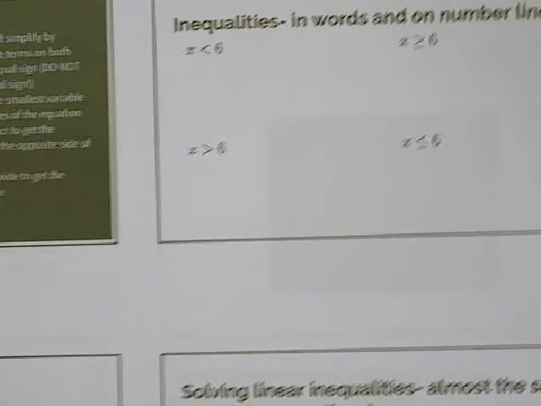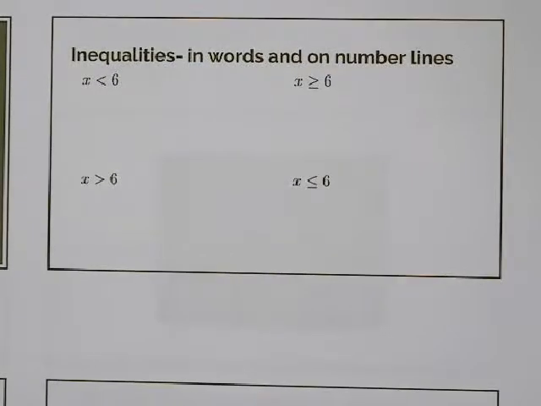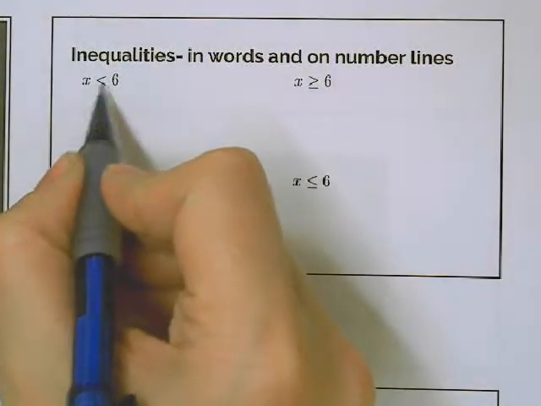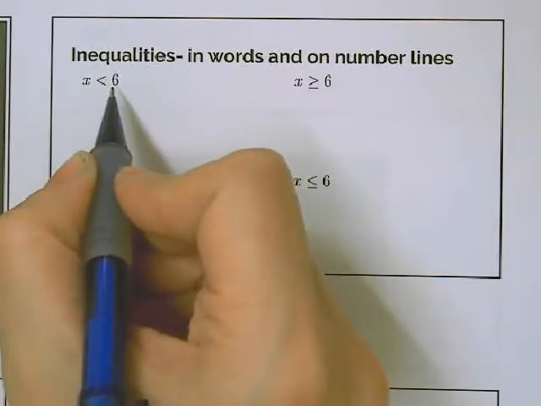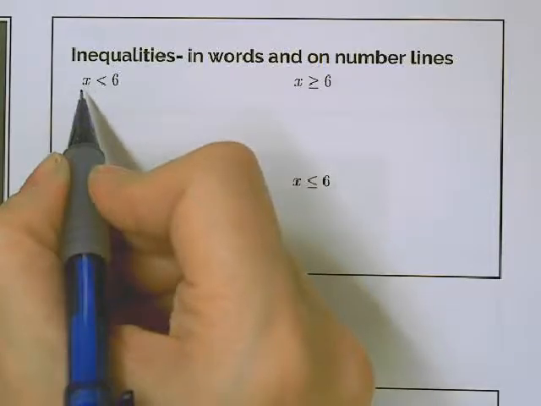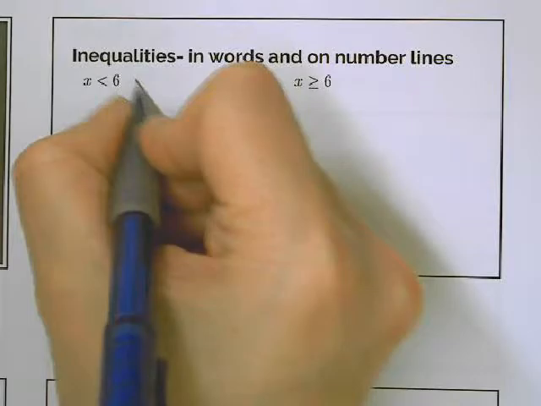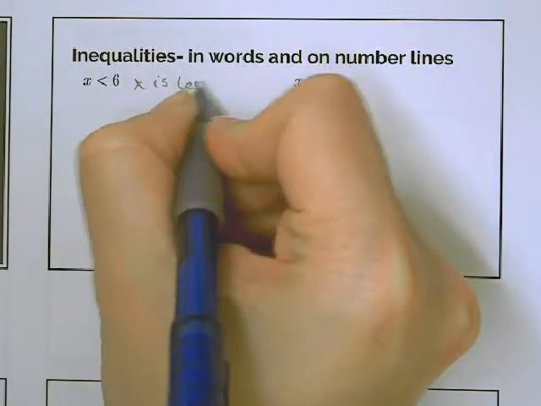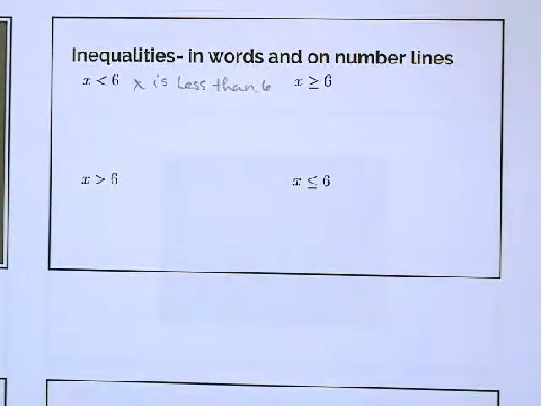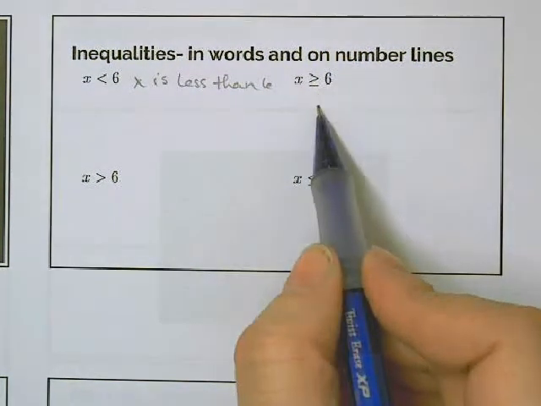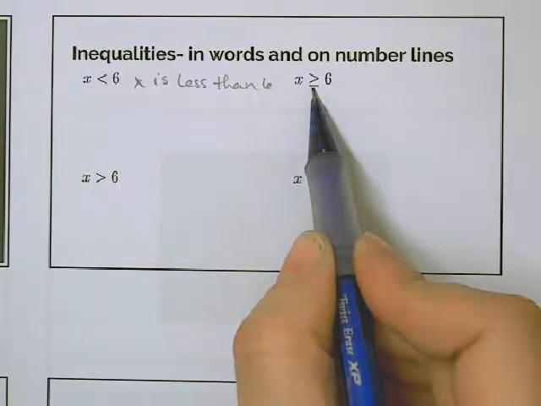So if I have these inequalities, I want to just clarify what all these are. This is opening up, the arrow is opening up to the 6. That means that the 6 is bigger than x. The other way to put that is x is less than 6. So on that notion, same idea. This one is opening up to the x, which means x is greater than 6.